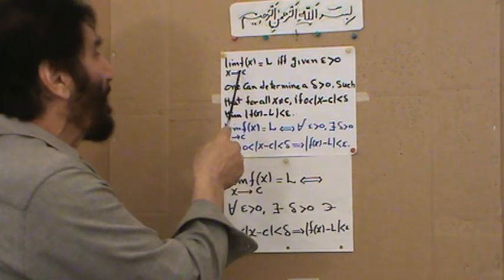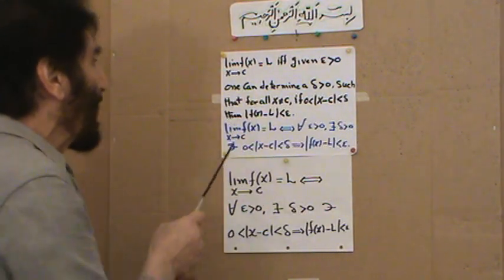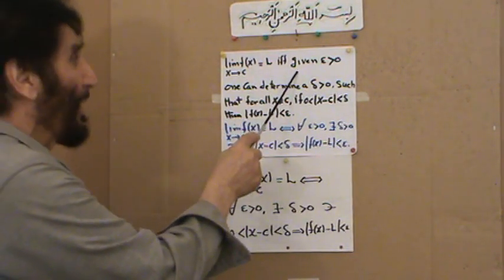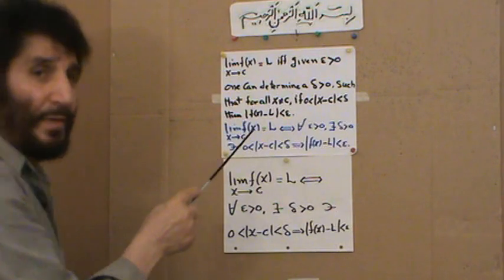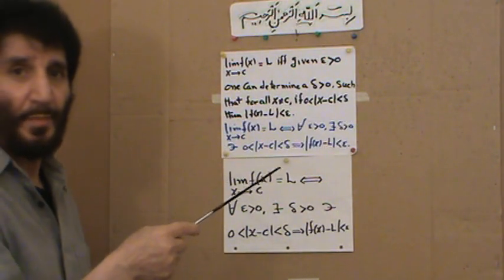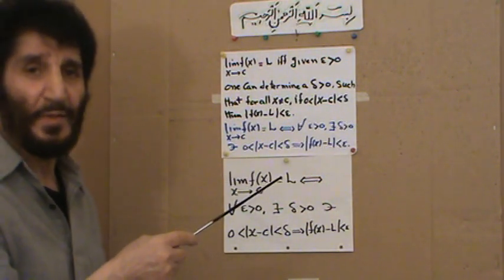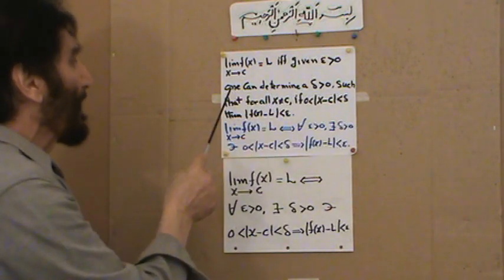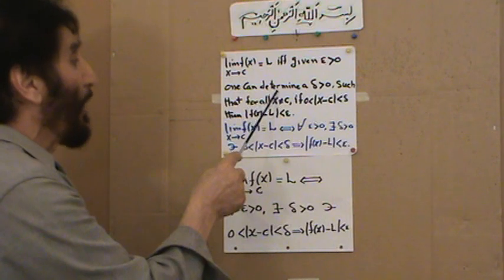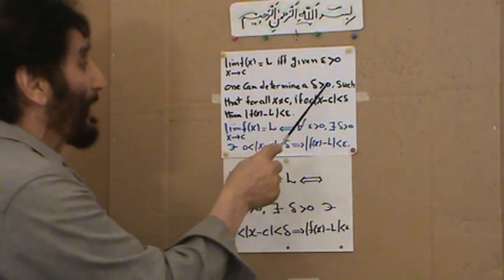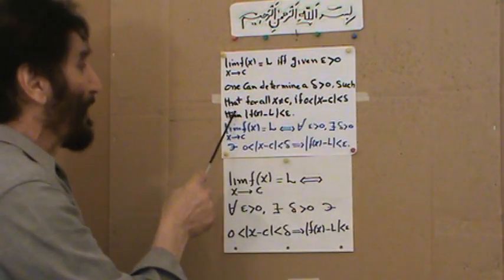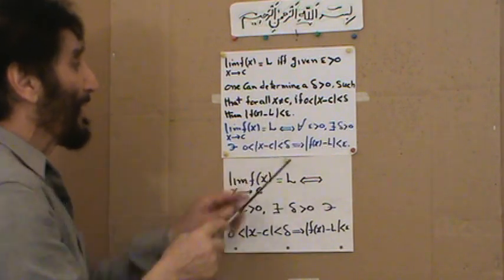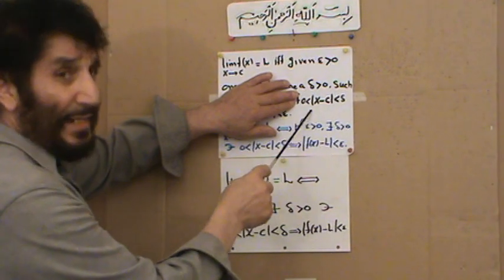So the limit of f of x as x approaches c equals L if and only if, given epsilon positive, epsilon is a number that ends up being arbitrary. Given epsilon greater than 0, one can find a delta greater than 0 such that for all x different than c, that is a notation that means exactly the same thing.